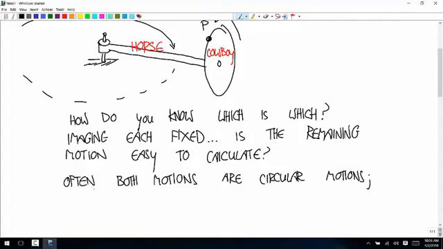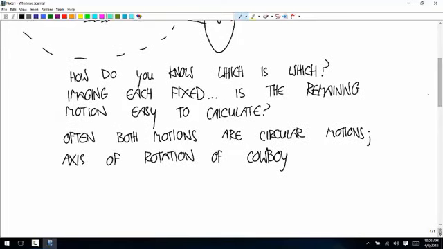So the axis of rotation of the cowboy, the rider, depends on the motion of the horse.